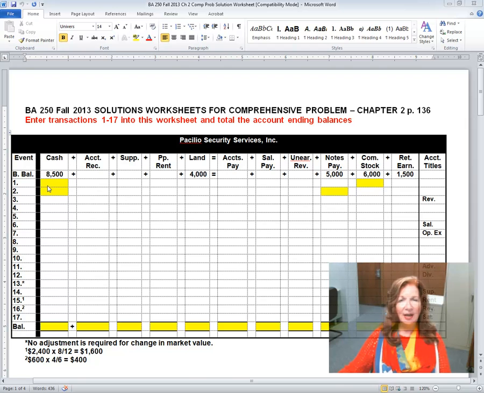You'll notice you have yellow boxes indicating where to put transactions 1 and 2, and yellow for all of the totals at the bottom of the worksheet, but you need to enter all the transactions 1 through 17. I have left the account titles over for the retained earnings, whether it's revenues or expenses, so you don't have to insert those. That'll be a ready reference for you about what the transaction looks like.